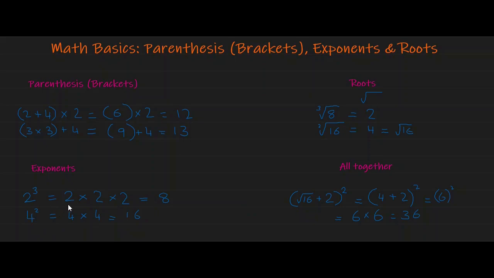And 4 squared, which is 16, is considered a perfect square. Anything that will result in an integer will always be considered a perfect cube or perfect square, as both of them are integers.